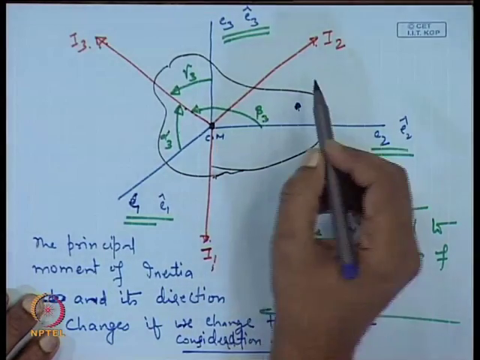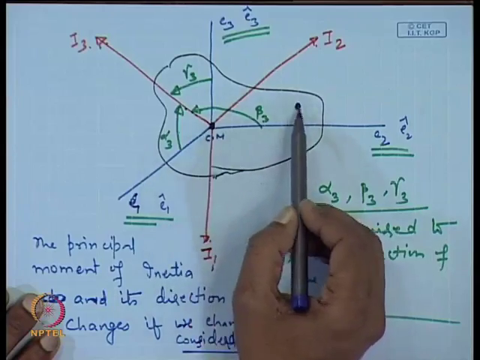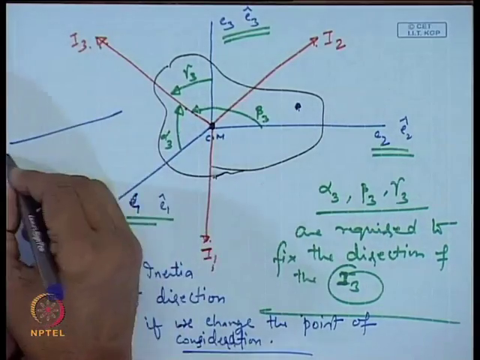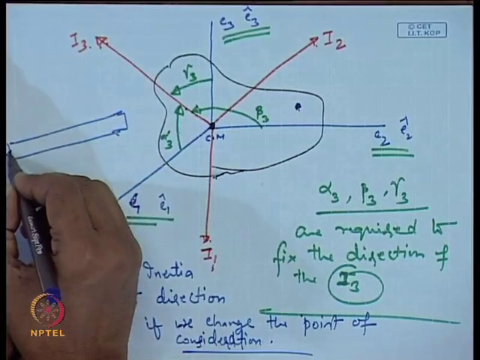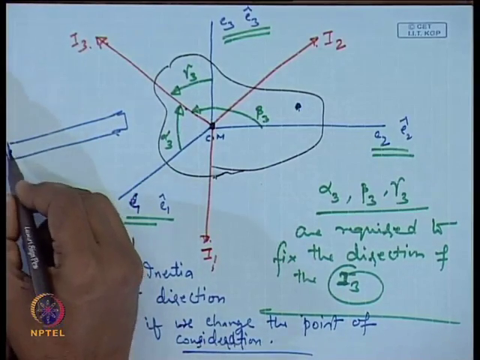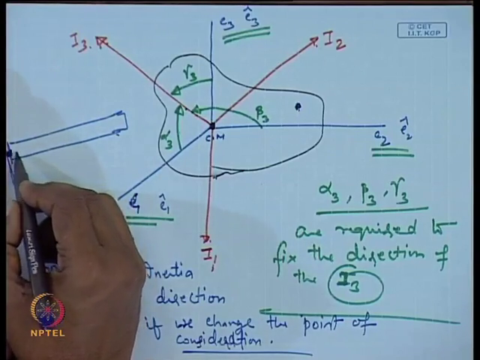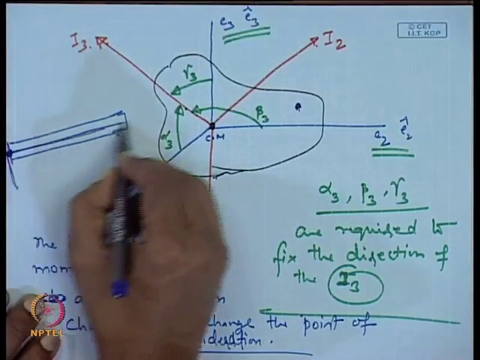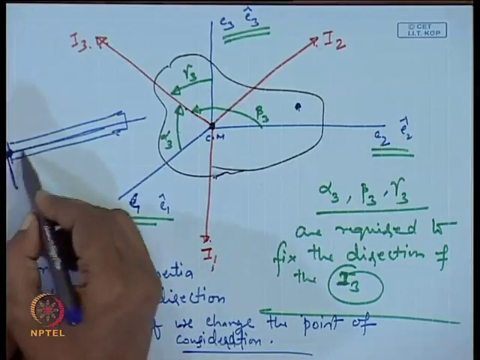That is very obvious: whatever inertia you have about this point, you cannot have about that point. It is similar to saying that if you take the moment of inertia about this x, where we first choose the point here and then measure the moment of inertia about 3 perpendicular axes, one axis is this and this.